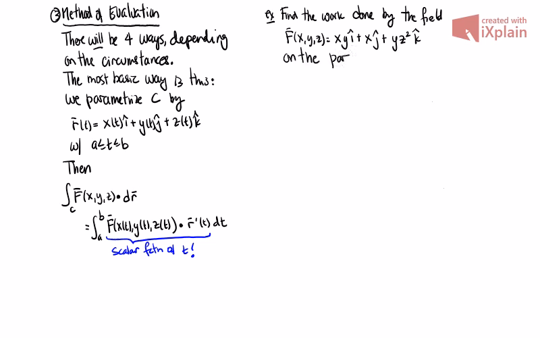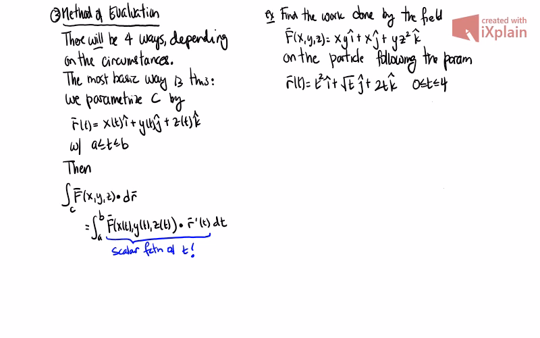on the particle following the parameterization r of t equals, say, t squared i plus square root of t j plus 2t k for t between 0 and 4. All I'll do is get to an integral.